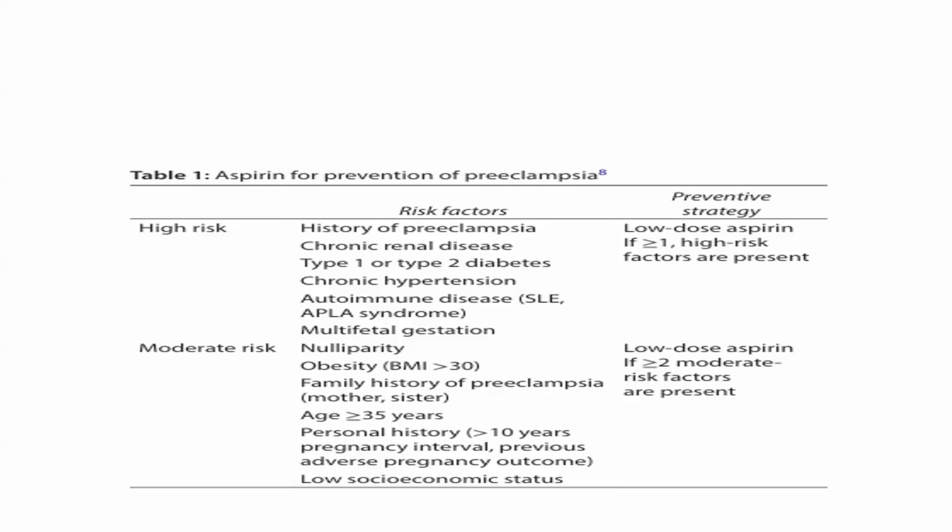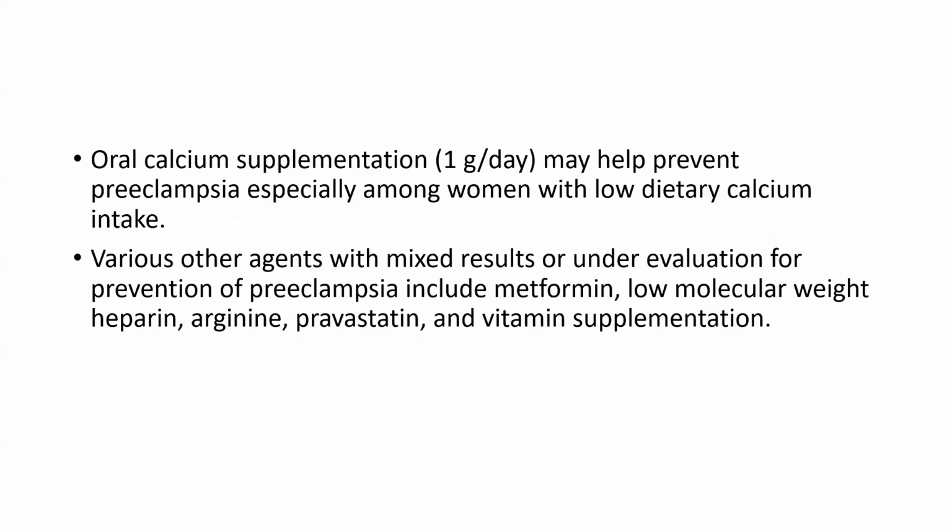and multifetal gestation. It is recommended to give low dose aspirin if more than one of the high risk factors is present. In case of moderate risk factors like nulliparity, obesity, that is BMI more than 30, family history of preeclampsia, age more than or equal to 35 years, personal history of more than 10 years of pregnancy interval, previous adverse pregnancy outcome, and low socioeconomic status, then start low dose aspirin if more than or equal to 2 moderate risk factors are present.